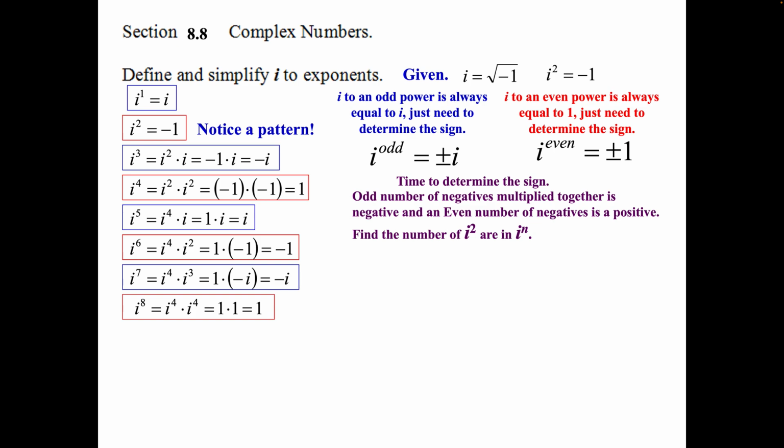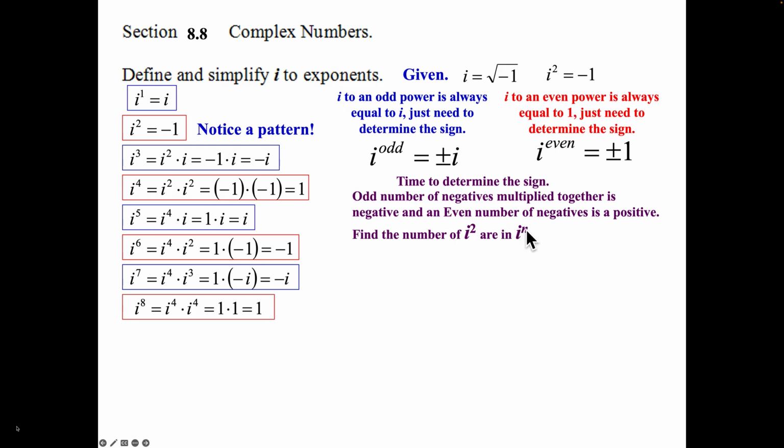So we're going to figure out how many i squareds are part of i to the nth. For example, i to the 8th, I could have i squared times i squared times i squared times i squared, 4 of them. That's 4 negatives being multiplied together, which is a positive.